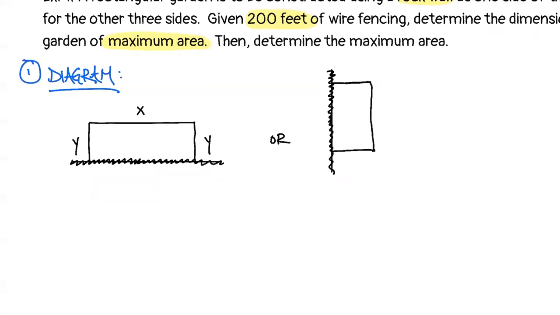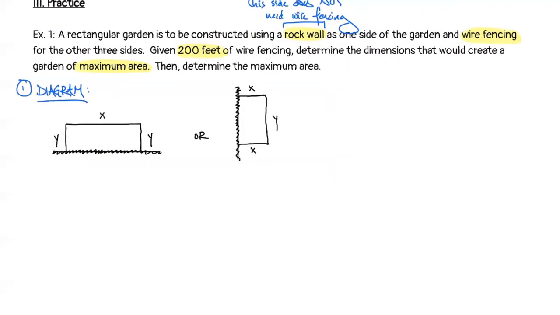If I were keeping in the same vein of thought as my first diagram, I would call this one an X because it's horizontal, and I would call this one a Y because it's vertical. So in the second diagram, I would actually have two labeled with an X and one labeled with a Y. Okay, so either diagram is fine.